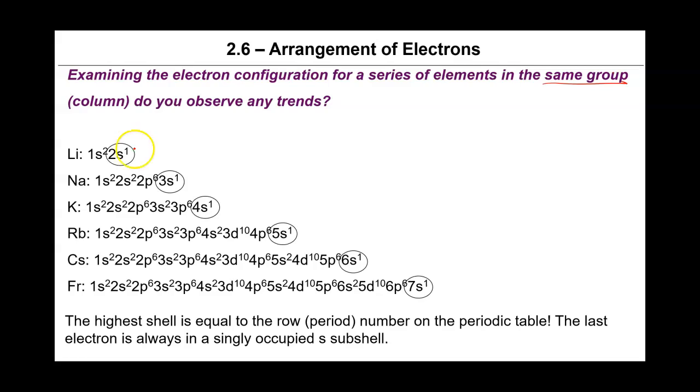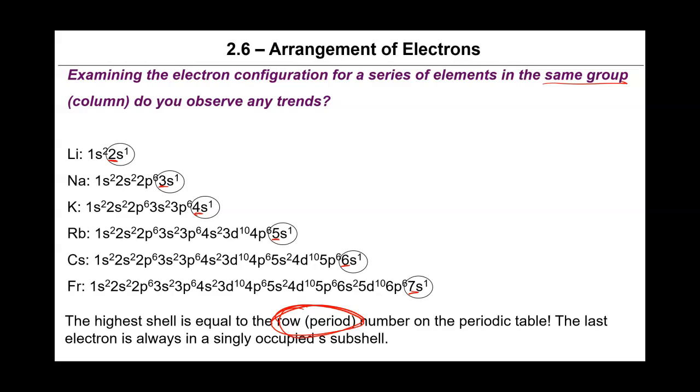All of the elements in group 1A have an electron configuration where the outermost shell corresponds to the row of the periodic table where you find the element. So lithium is found in row 2 on the periodic table, sodium is found in row 3 of the periodic table, potassium row 4.